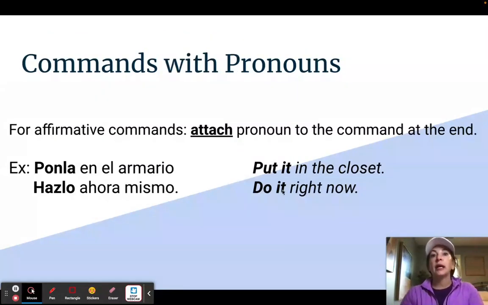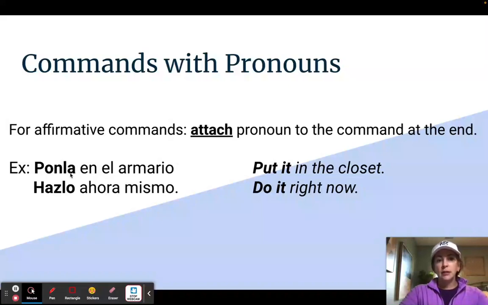Then we have commands with pronouns. We have affirmative commands telling someone to do something and negative commands telling someone not to do something. When the command is an affirmative command, you're going to attach the pronoun to the end of the command. For example, ponla en el armario.